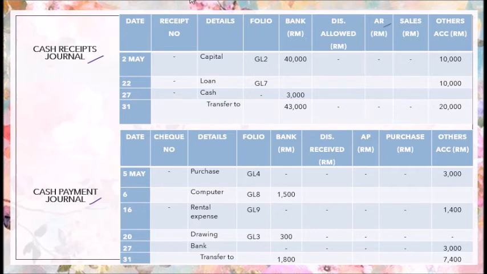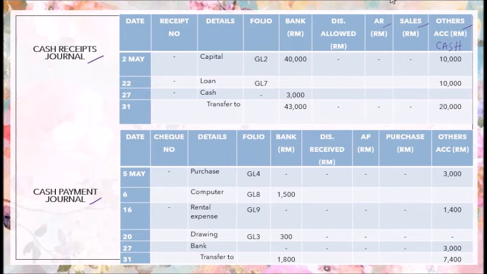Dia ada sale and others lah. So, in this case, untuk transaction kat sini, dia adalah all cash. Since cash tak ada kategori dia sendiri, dia akan masuk under other account.